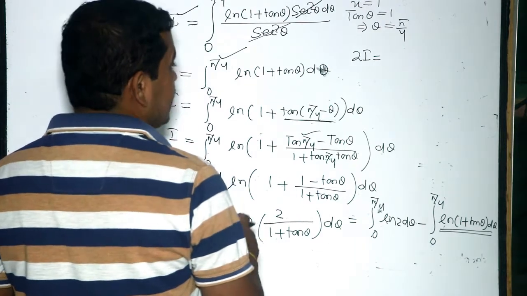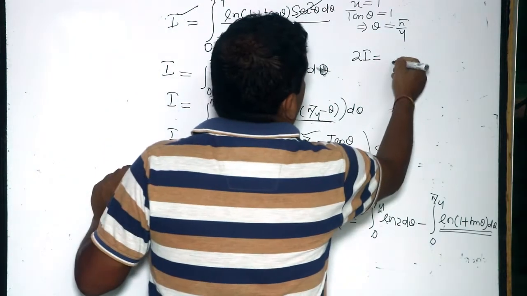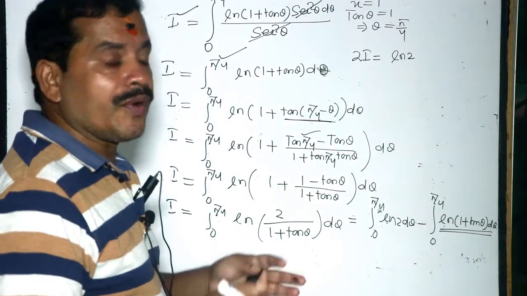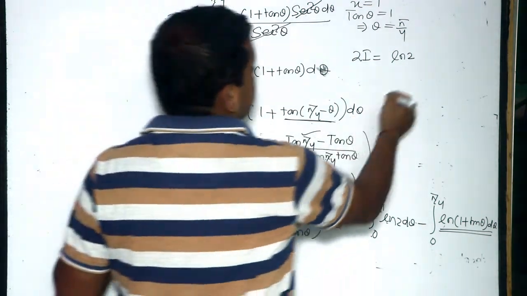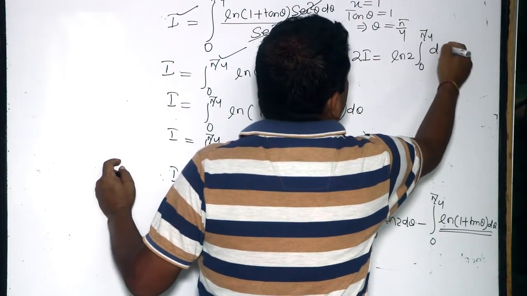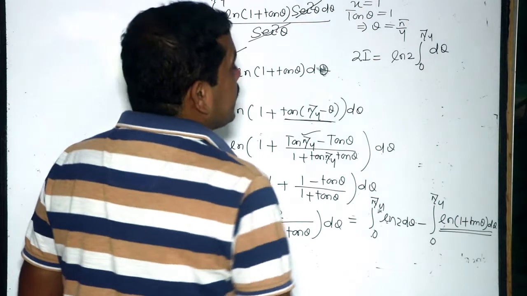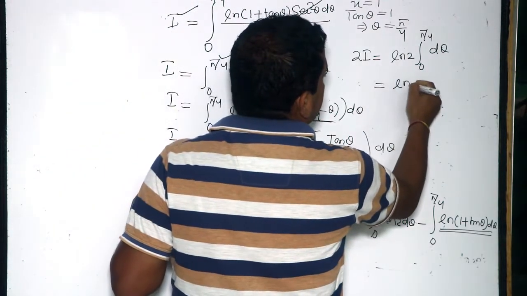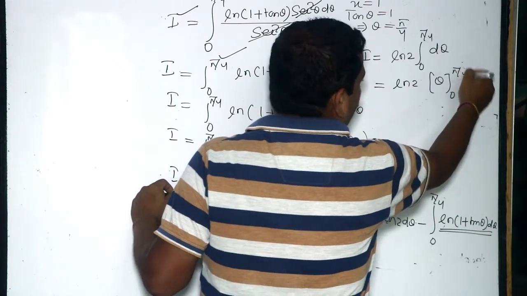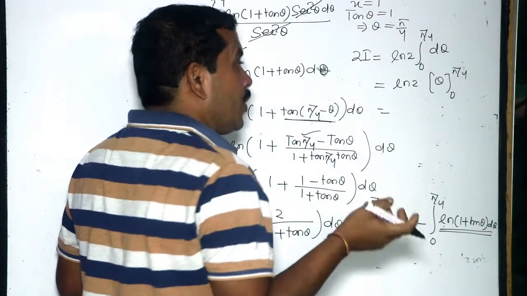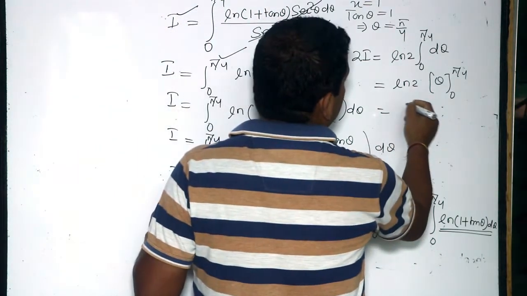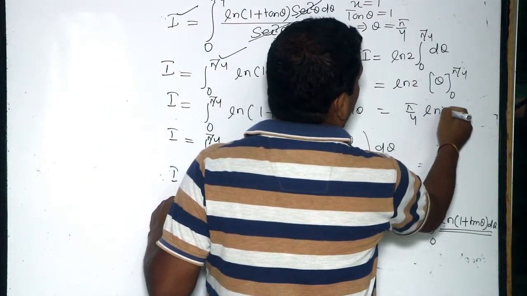The left hand side becomes 2I and on the right hand side, taking log 2 common from outside of the integration, we have 0 to pi by 4 d theta. Integration of d theta is theta from 0 to pi by 4. Now putting upper limit minus lower limit, the answer will be pi by 4 log 2.